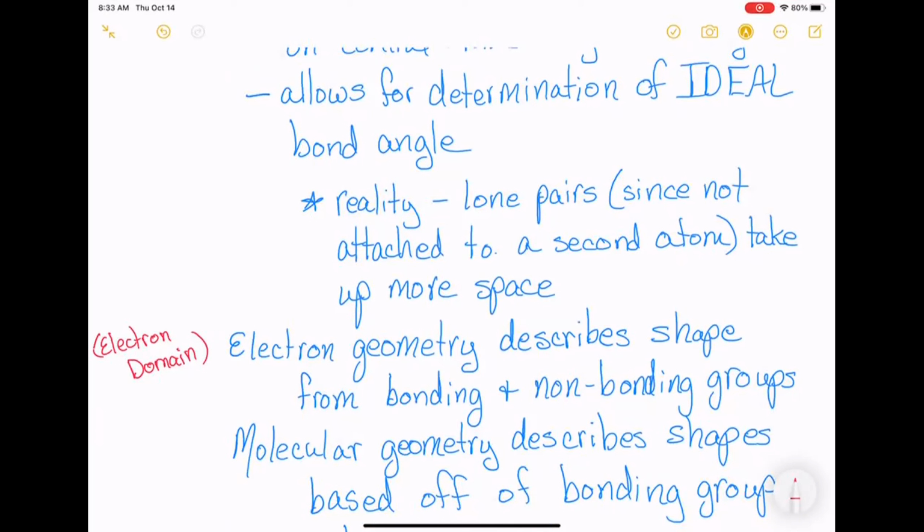So you have two geometries here. You have the electron geometry that takes into account everything attached to the atom, and you have the molecular geometry that takes into account only the bonding groups attached to the atom.